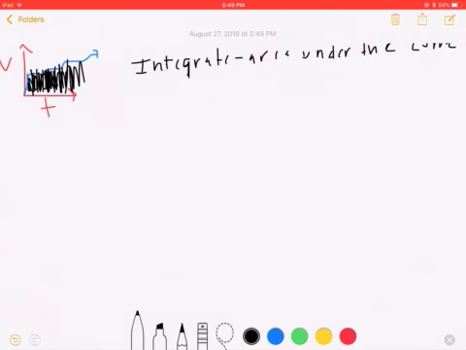So when we have a velocity graph or velocity function, we can find displacement. Velocity is the rate of change of displacement over time, right? How we've been writing this in the past is velocity is change in x over change in time.